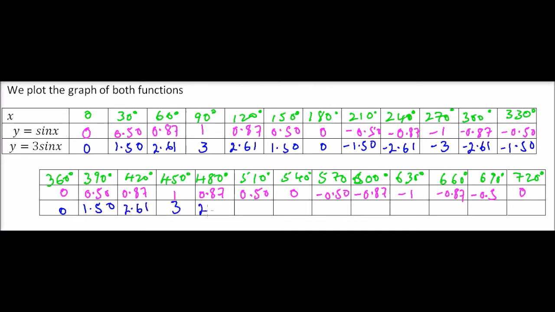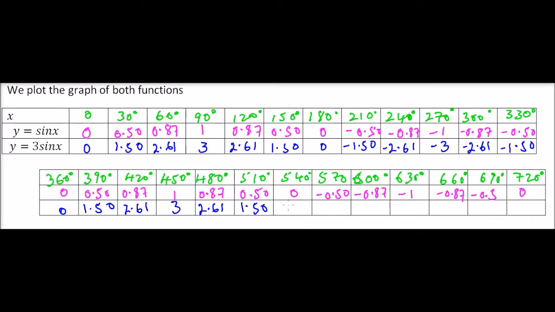This is 2.61. This is 1.50. This is 0. This is minus 1.50. This is minus 2.61. This is minus 3, minus 2.61, minus 1.50, and this is 0.